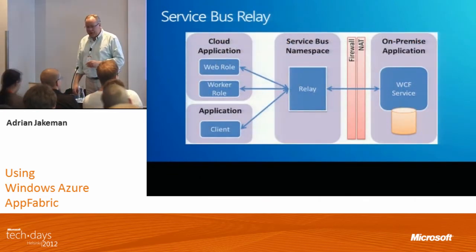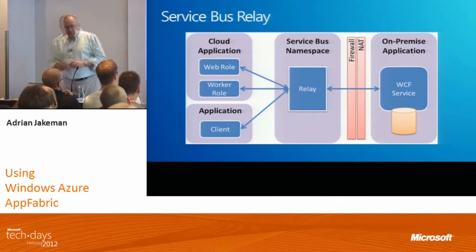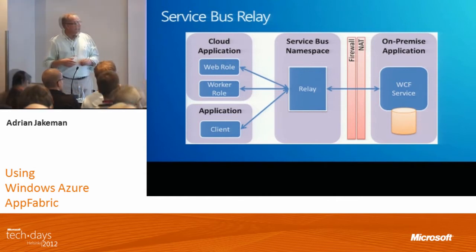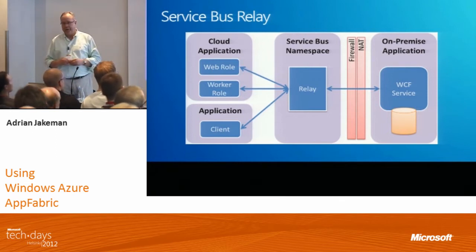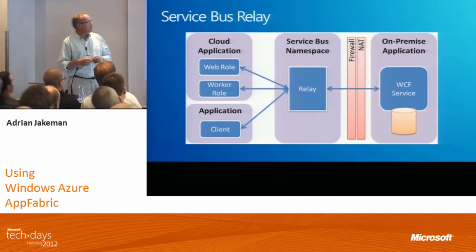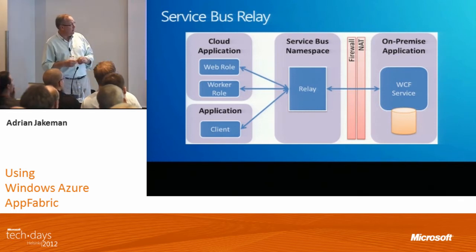So, first things first. If you're going to use the service bus, it's important to recognise there are really three ways that the service bus works. The first is to use this thing called the service bus relay.